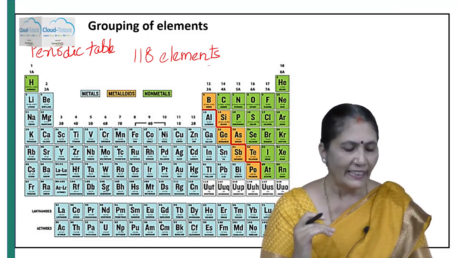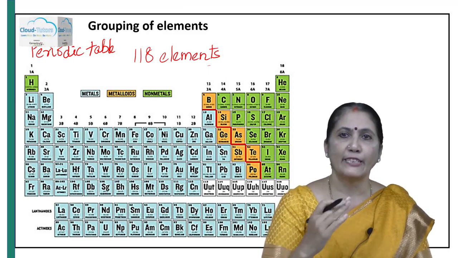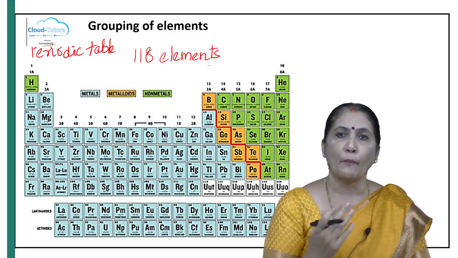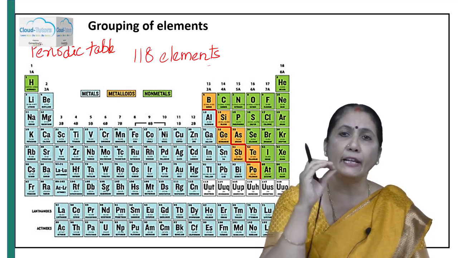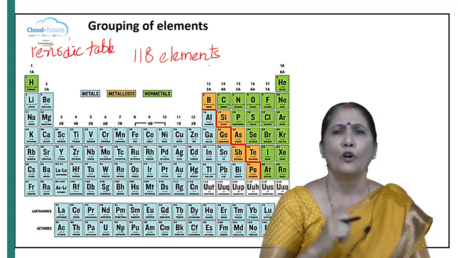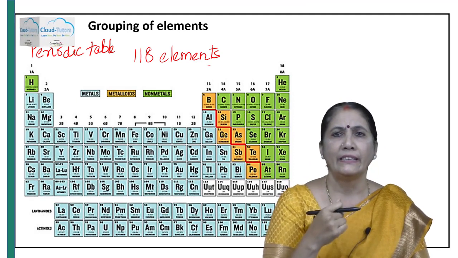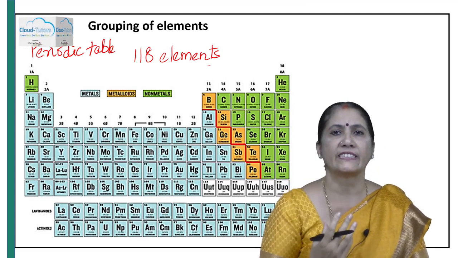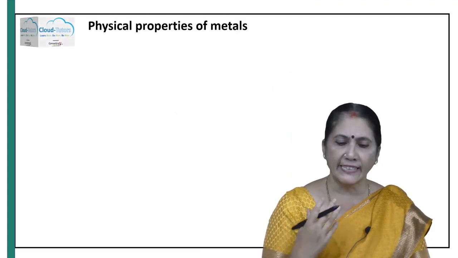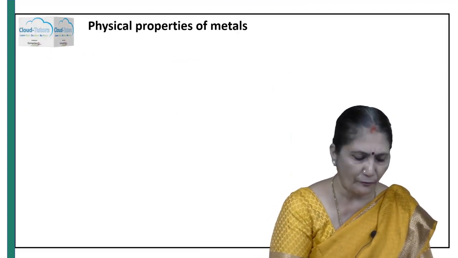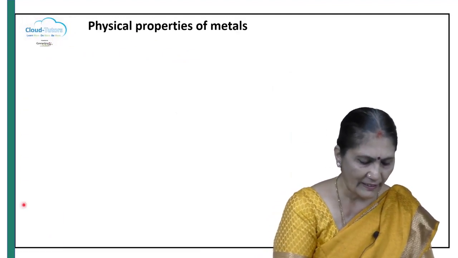So now let us see, based on physical properties of elements which are mainly metallic in nature, what could be the salient features. So let us step into the physical properties of metals.